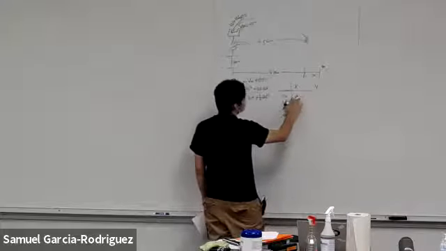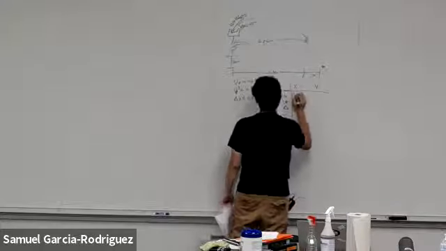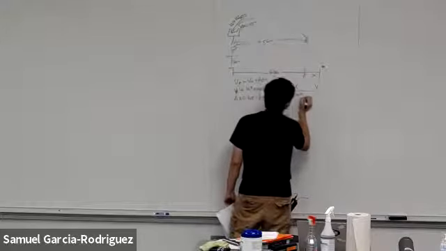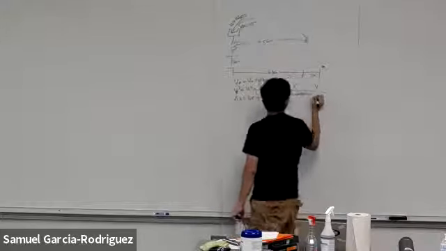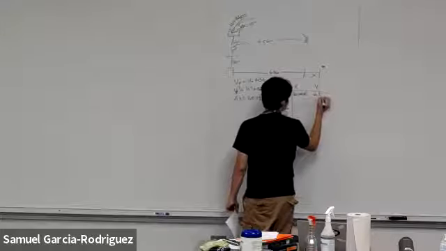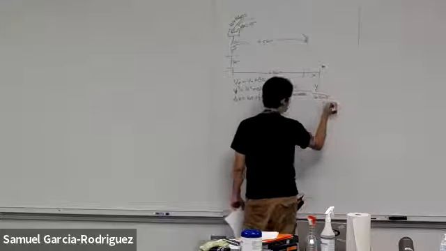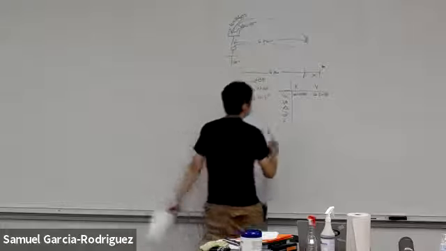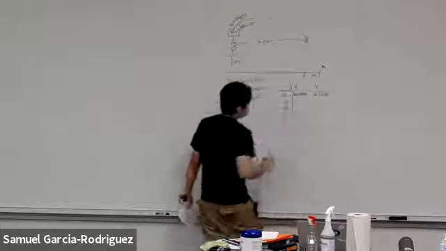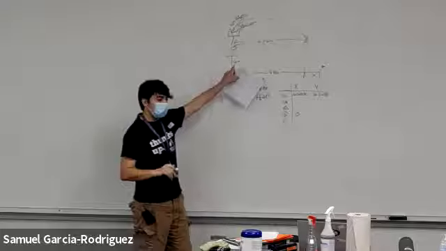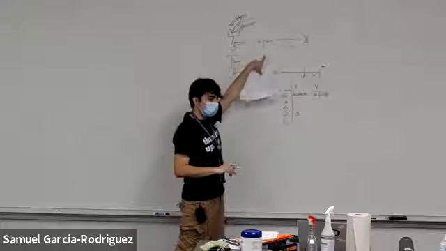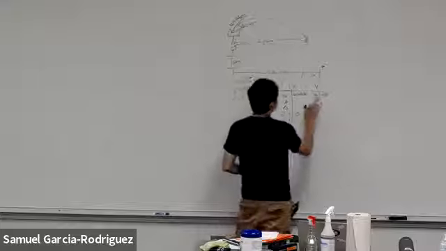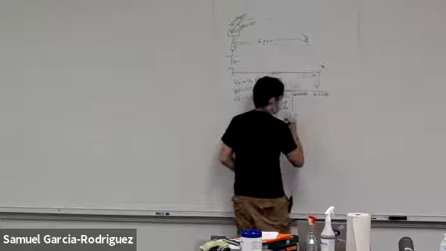I know initial velocity in the x and the y. The initial velocity in the x is V naught cosine theta. V naught in the y is V naught sine theta. I also know acceleration. Acceleration in the x is 0. That baby does not change its speed in the x direction from beginning to end. In the y, it is g.